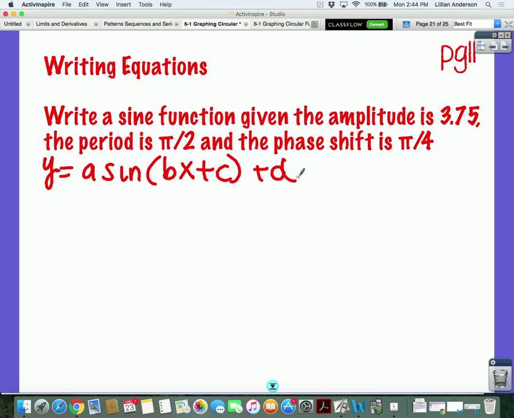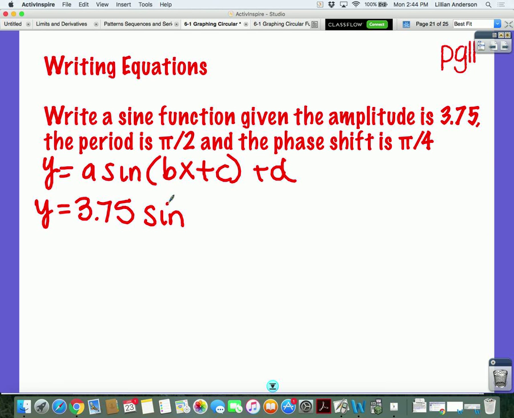So at this point, it's almost like a plug-in type thing, but you've got to be careful. Now, a represents our what? Don't we know what our amplitude is already? It's 3.75. So far, we're 1/4 of the way towards the correct answer. So we plug that in. Okay?